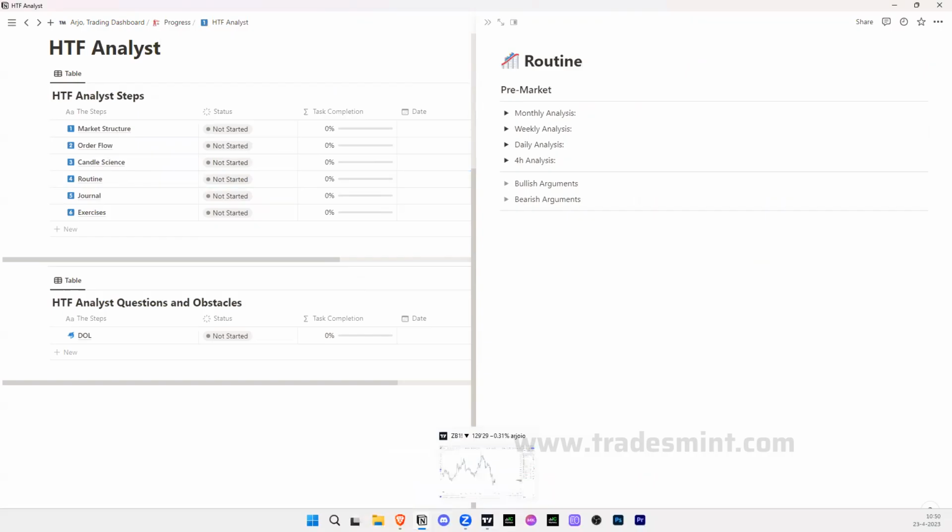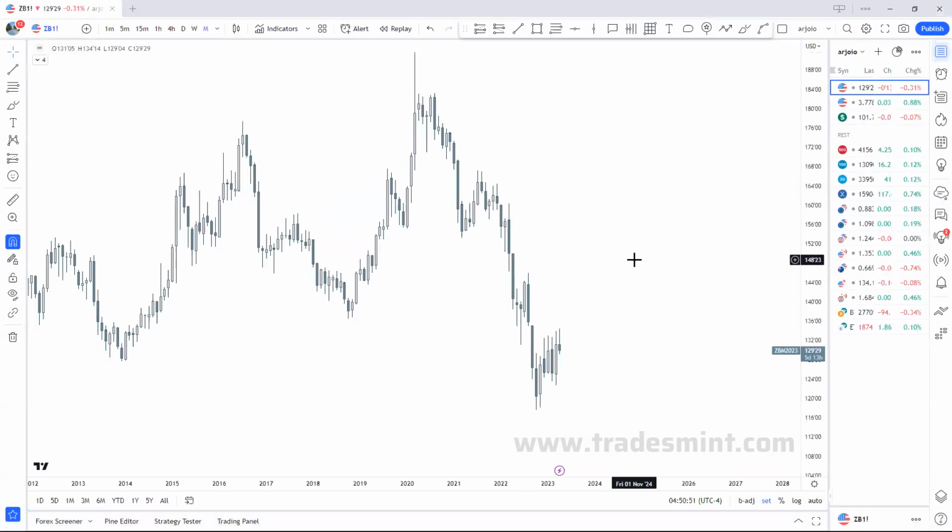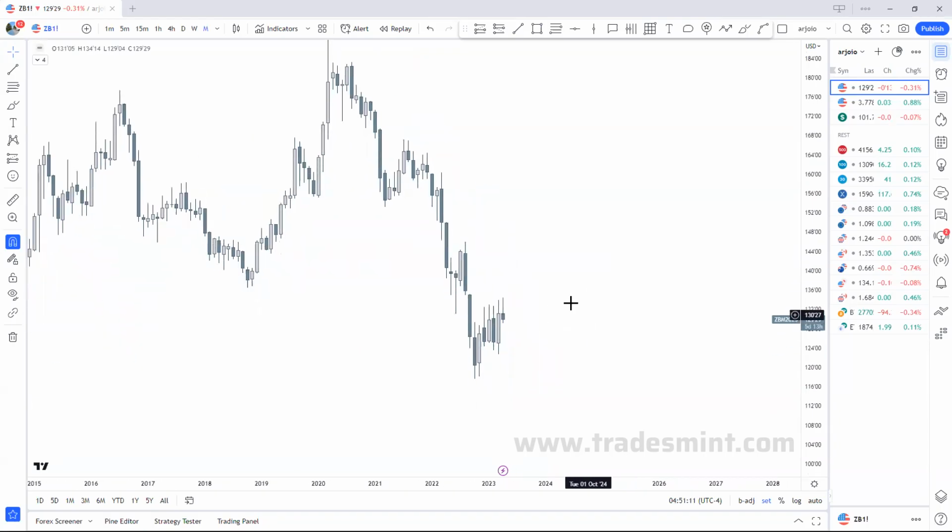So let's dive right into it. Let's just do an analysis and follow me. And this is purely from my brain right now. I haven't done any analysis beforehand. Obviously, last month I've done analysis, but let's just do a top-down analysis: monthly, weekly, daily, 4 hour today. So monthly, and this is the first thing for you to note, I only focus on nearby price action, and that goes for the monthly, and that even goes for the 1 minute.